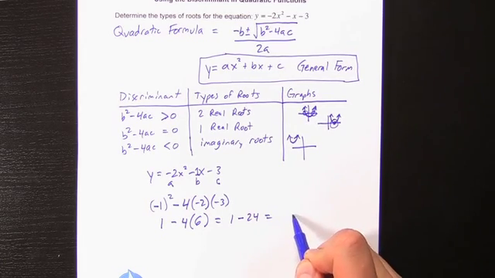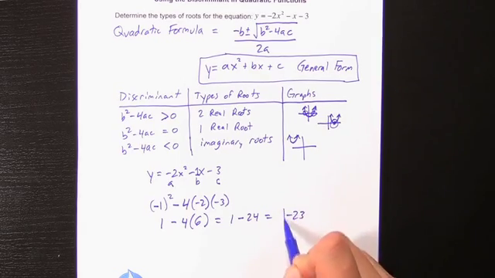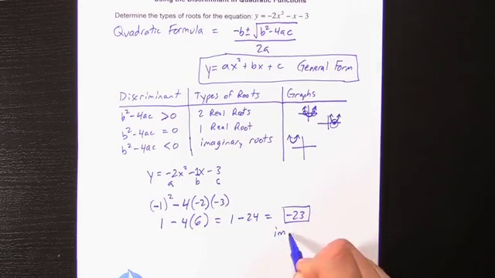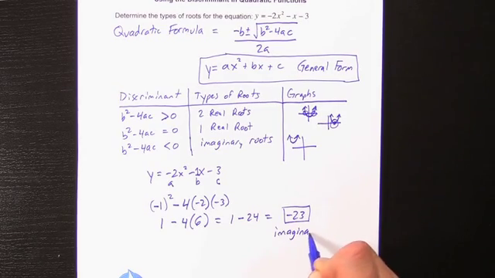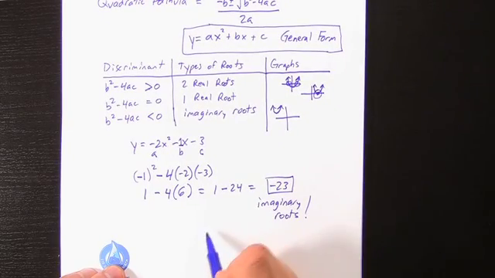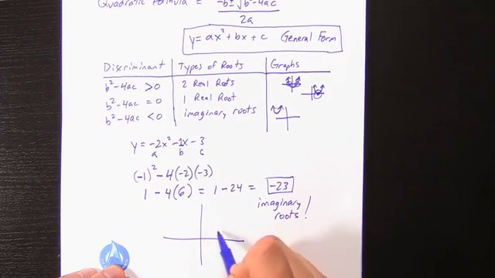From here, I can solve the final answer, which is negative 23, which means that I am going to get imaginary roots.